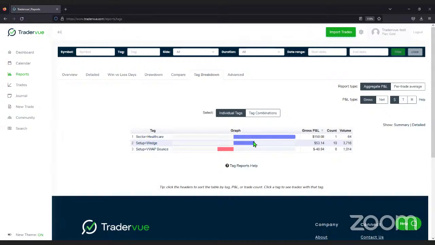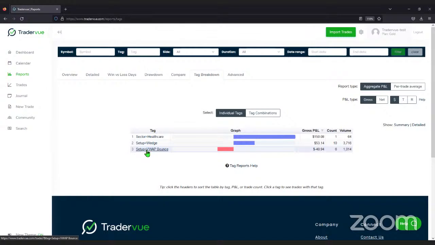Here you can see that the wedge pattern is actually performing better than the view up bounce. And so maybe this is a setup that I just don't want to do anymore. Maybe I should not be trading this setup anymore. It could be for multiple reasons. It could be that this is just not a setup that goes with your personality. It could also be that the market conditions have changed. So that's the importance of tracking multiple setups using the tag breakdown.